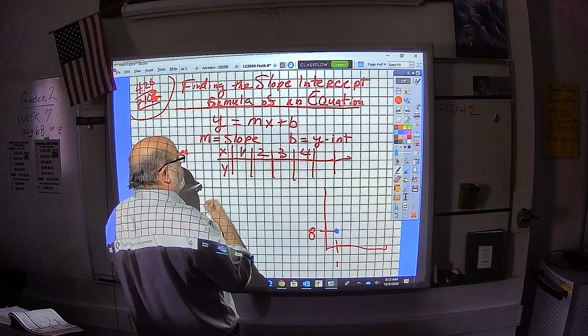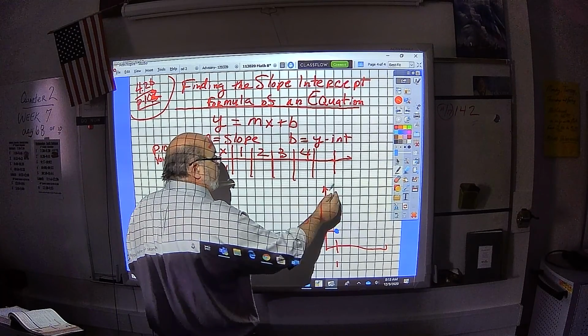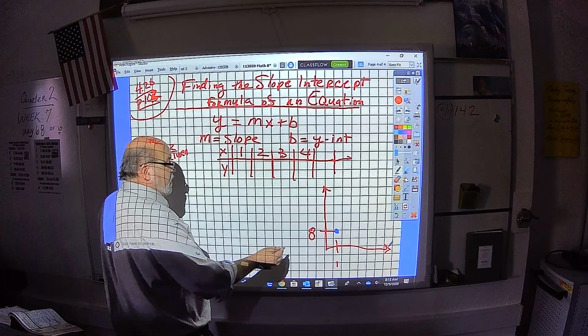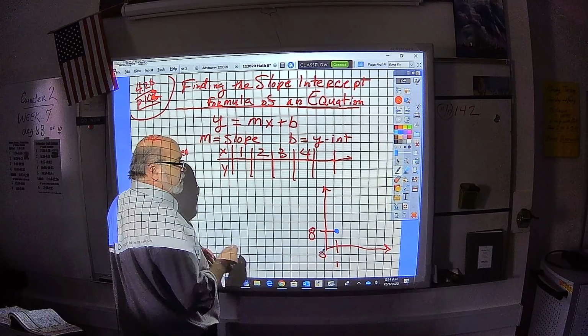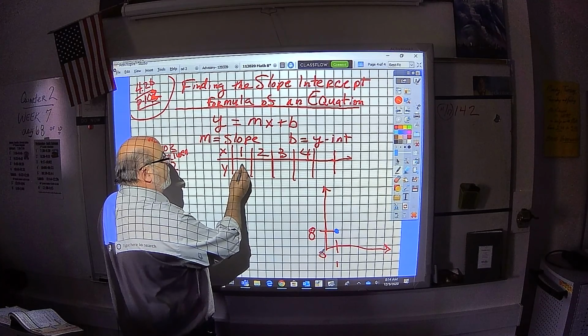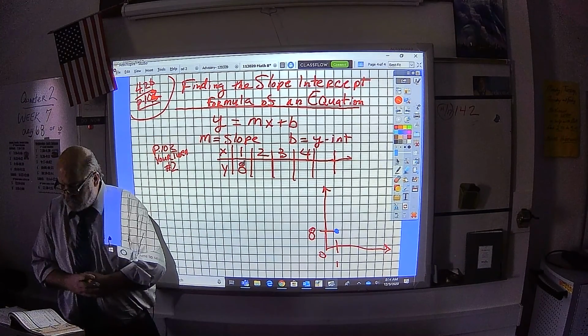This is a pretty quick drawing here, but that's how difficult this is. We're looking at a drawing and we're saying that's where our point is. This is 8. Easy peasy lemon squeezy, I'm hoping, right?